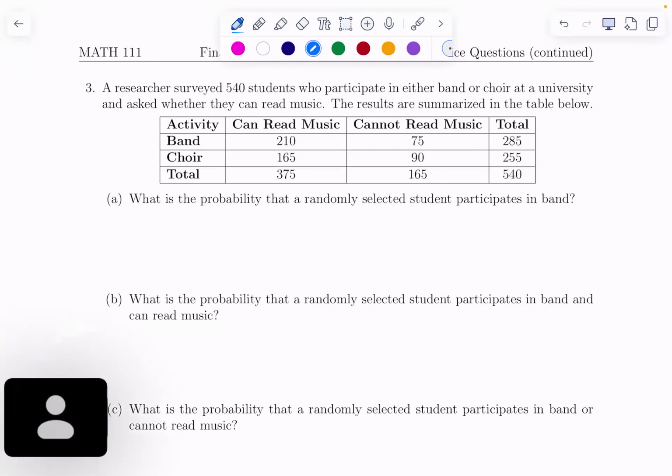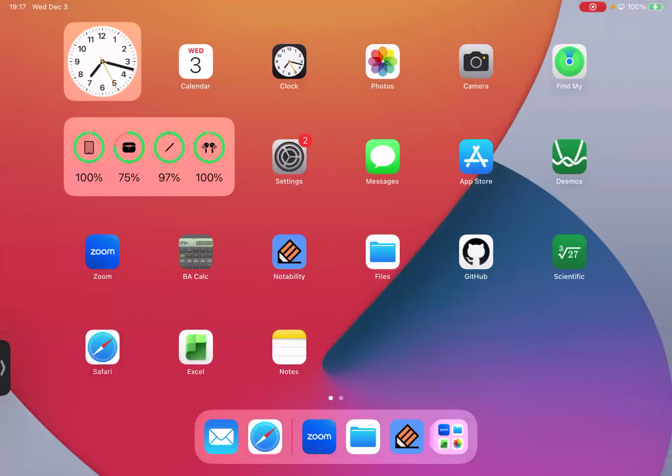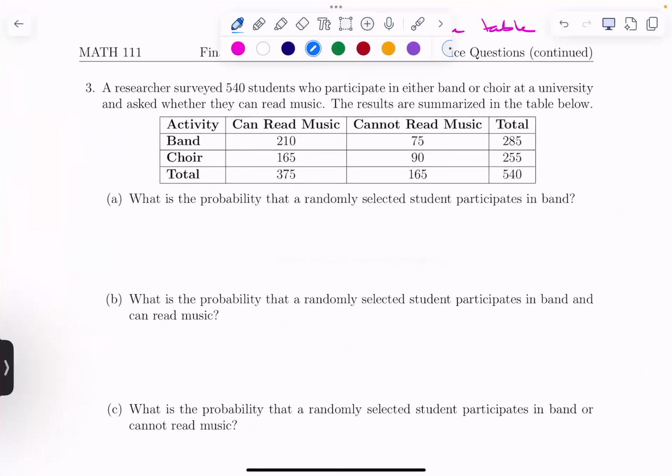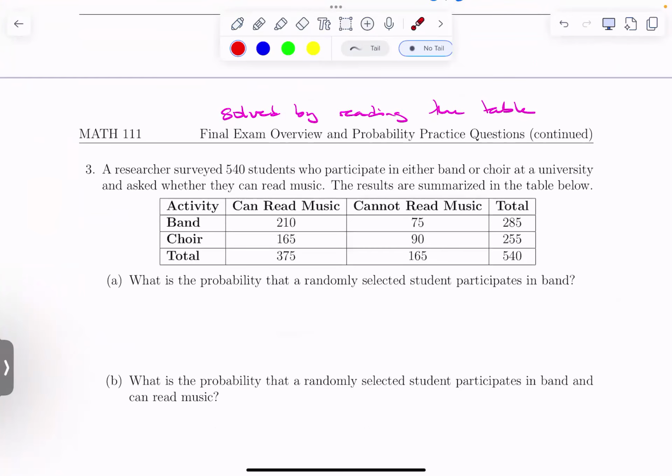But I'll pause this here. So it's risky business going back and forth. I'm going to solve this just by reading the table, which is totally fine for you to do on the final exam. But I don't want to do it together.